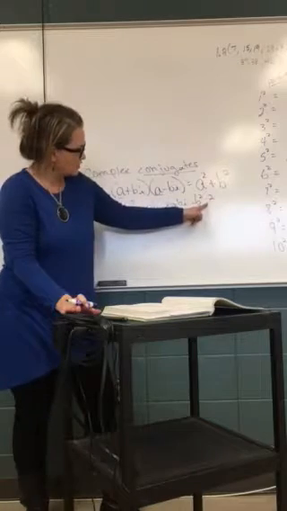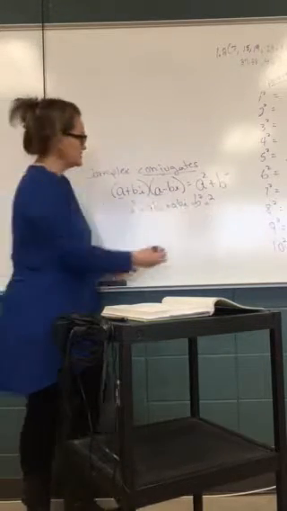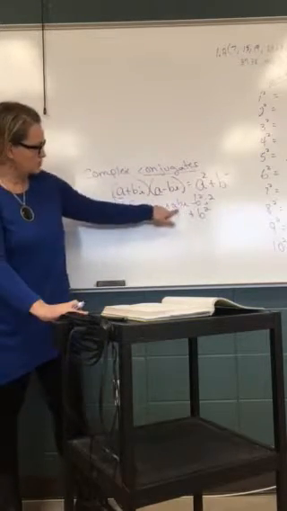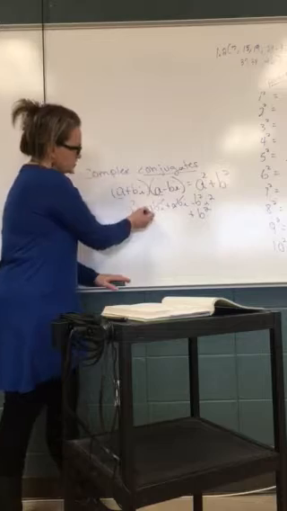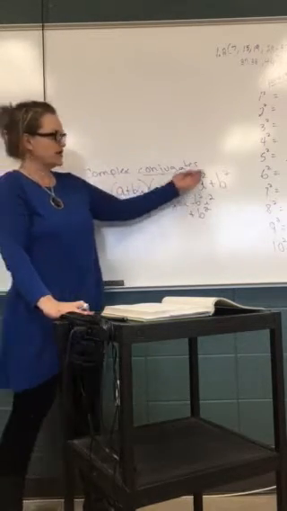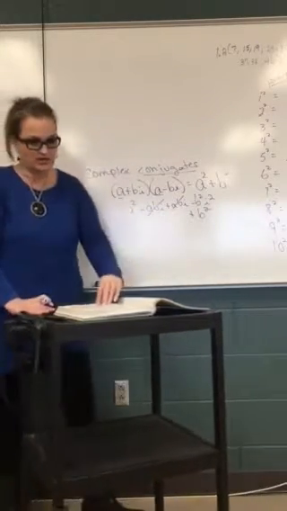Well, the I squared is negative 1, so it just changes that to a plus B squared. And the middle parts are opposites, so they cancel out. So this pattern will always reduce to A squared plus B squared. So we use this trick on the next thing.